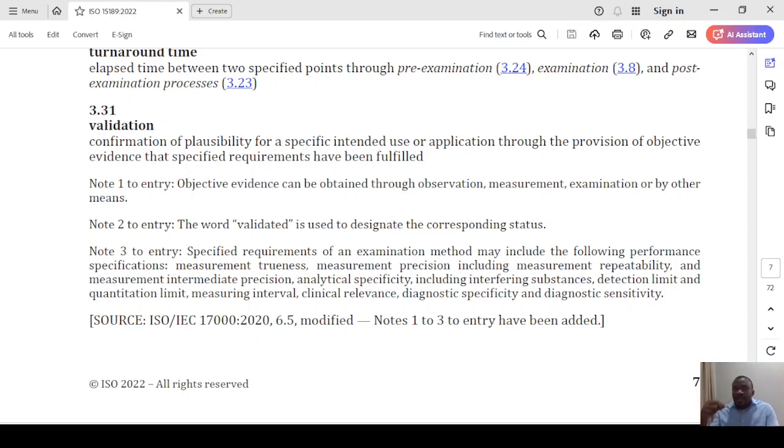Collins, by the time you go to your course, you are going to get this document there. The material is there. Yes, of course. Both standards are there, 17025 and 15189.